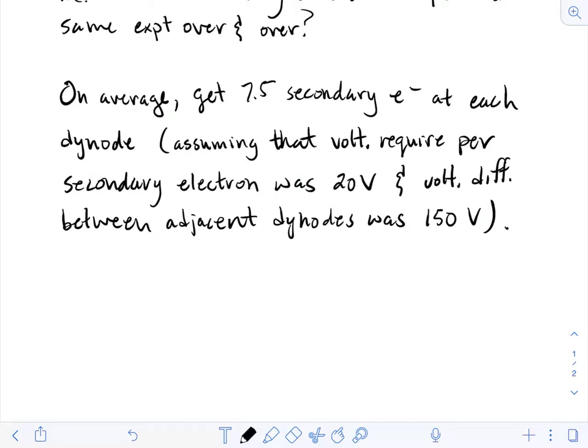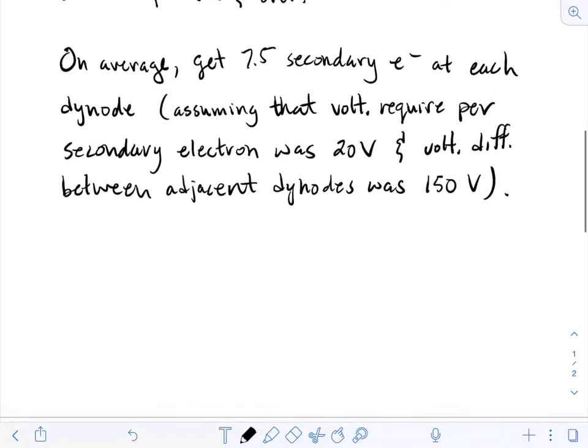And so in all those cases, we would get on average 7.5 secondary electrons per incoming electron. And then between the second last and the last dynode, for some reason we set it to be 100 volts, and so we'd only get 5 secondary electrons in that case. Okay, and we use that number to calculate the average number of total electrons at the anode.